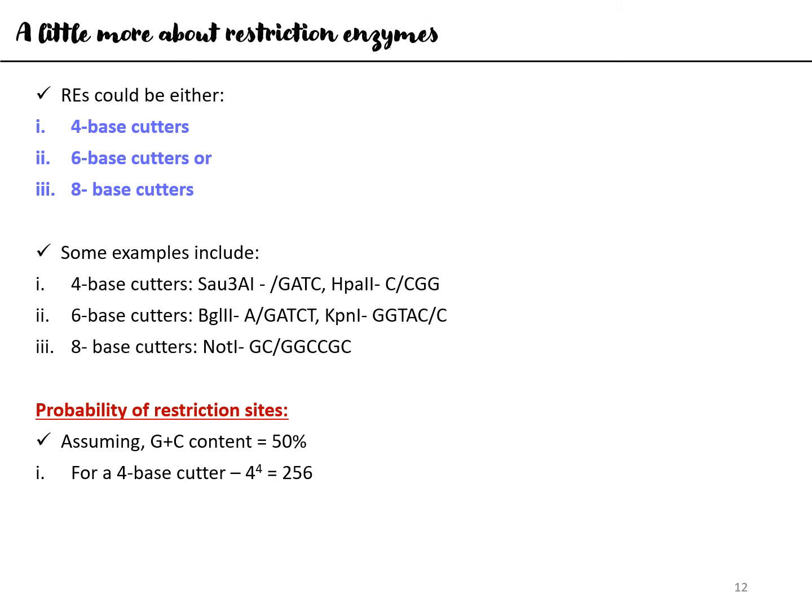Let us consider, for example, that you have this sequence G, A, T and C, the one recognized by Sau3AI. The probability that the first nucleotide would be G is 1 in 4. The probability that the second one will be A is again 1 in 4 because there are only 4 possible nucleotides.